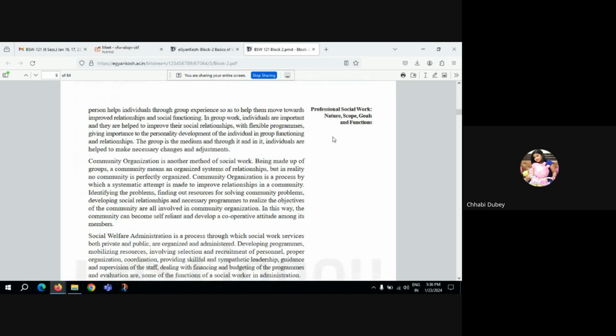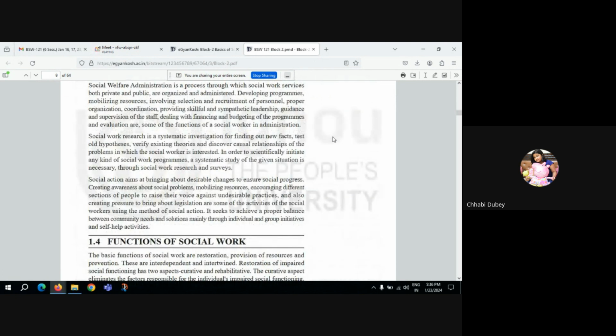After that, we come to social welfare administration. Social welfare administration generally consists of processes required in organizations, the way they have to be administered, the various administrative work that goes on in development organizations or welfare organizations.